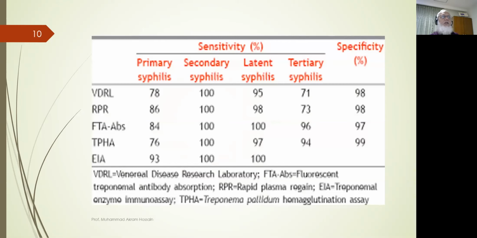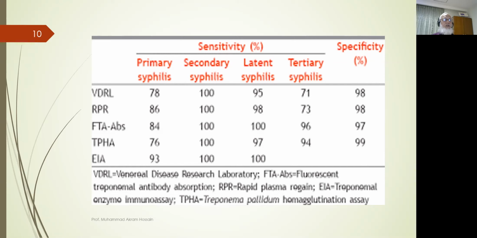This is a chart in which we can see the comparative sensitivity and specificity of different tests in different stages of syphilis. VDRL is highly sensitive and specific in secondary syphilis. RPR is sensitive and specific in both secondary and latent syphilis.